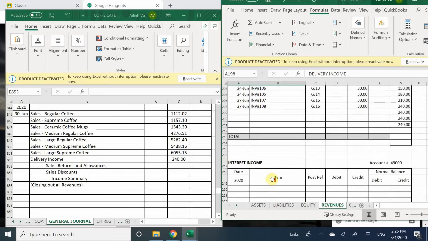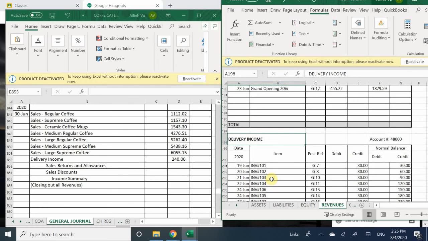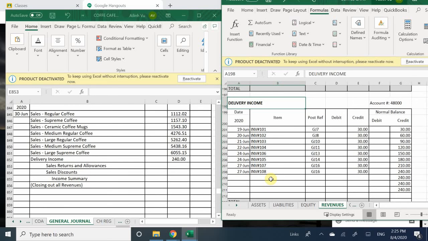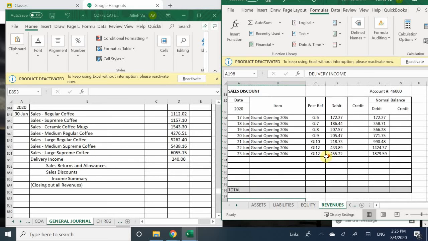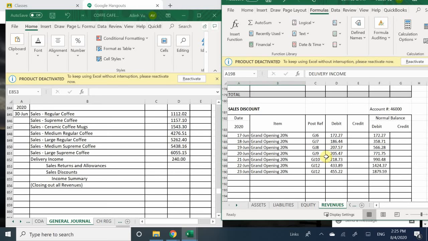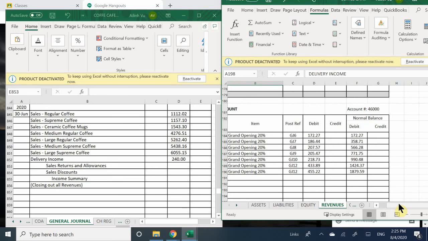Okay, so I did not have interest income. Delivery income was the last thing, and it was for 240. All right. So here my sales discount was for a grand whopping $1879.59.